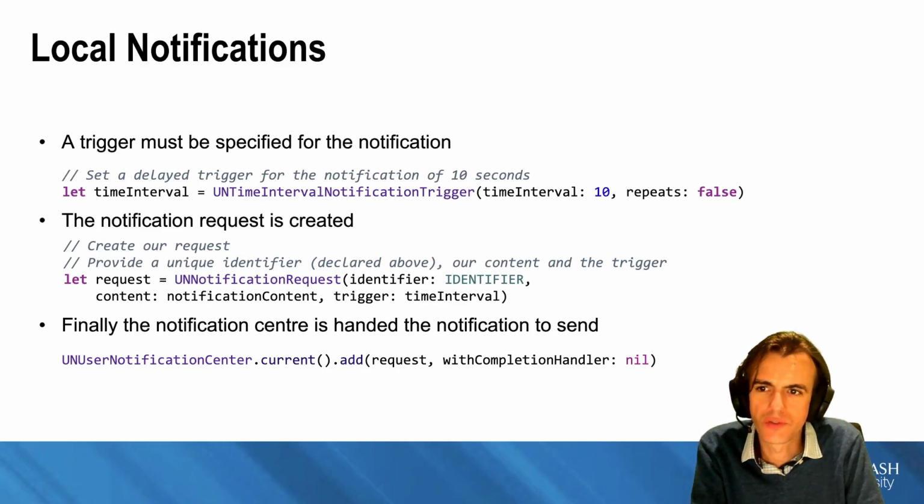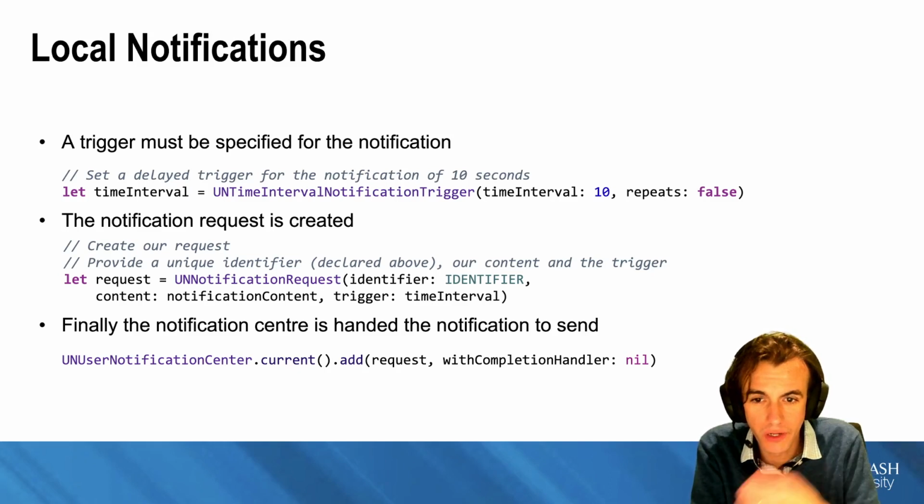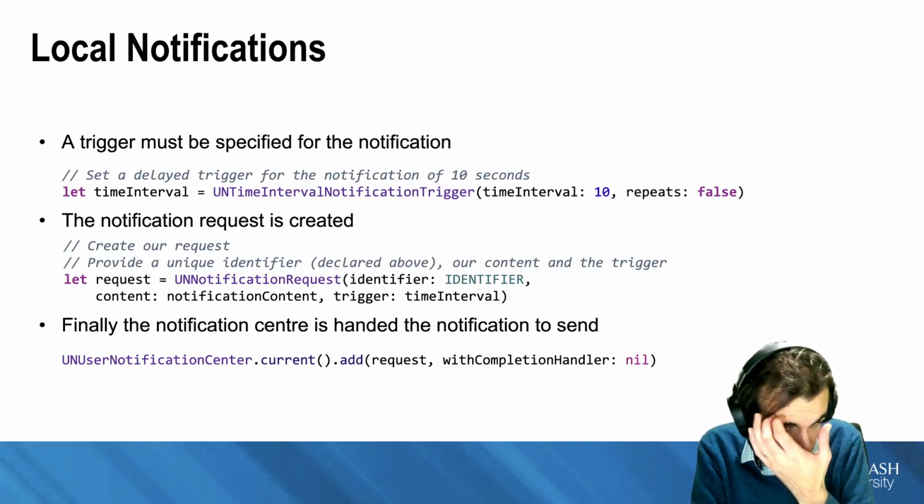In this case, we're just delaying a trigger for the notification to happen in 10 seconds time and not to repeat. And then we create the notification request. And to do this, we need to give a unique identifier. We need to give it the content, which is the notification content we created above on the previous slide, and we need to give it the trigger. And once we've created this request, finally we give this to the notification center, and it will handle the sending of it.